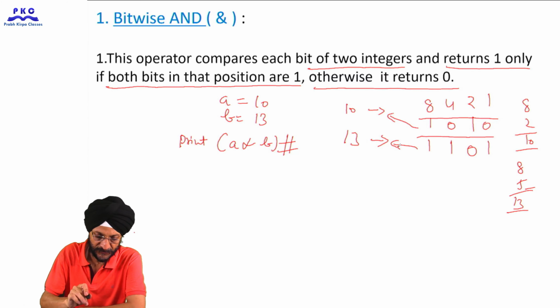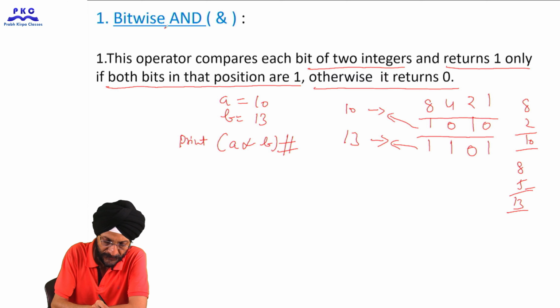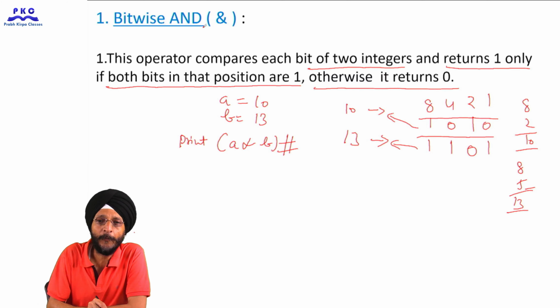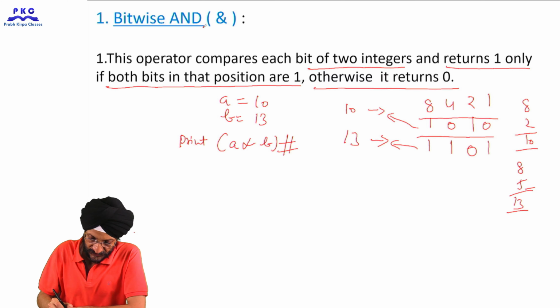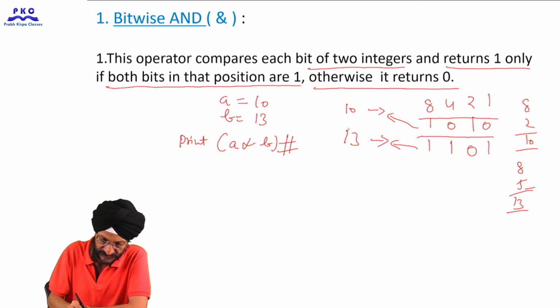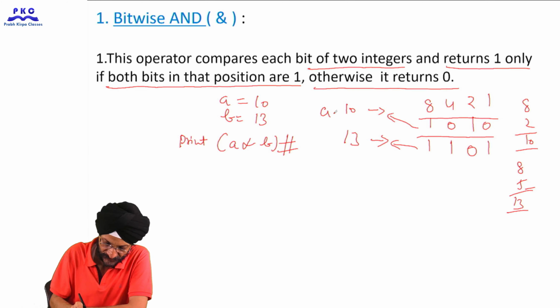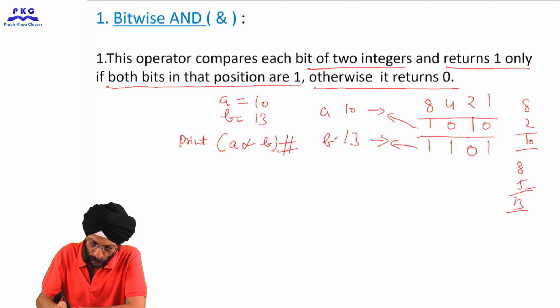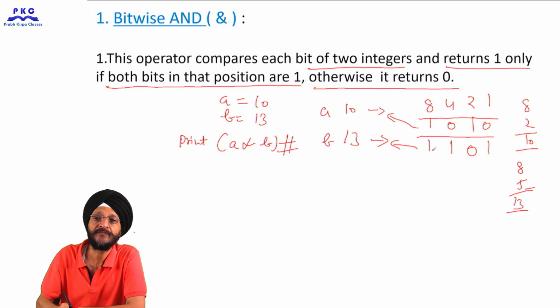So now what is given? When we are using the bitwise AND operator, it returns 1 only if both the bits in that position are 1. This is the bit of A, this is the bit of B, at the same position.